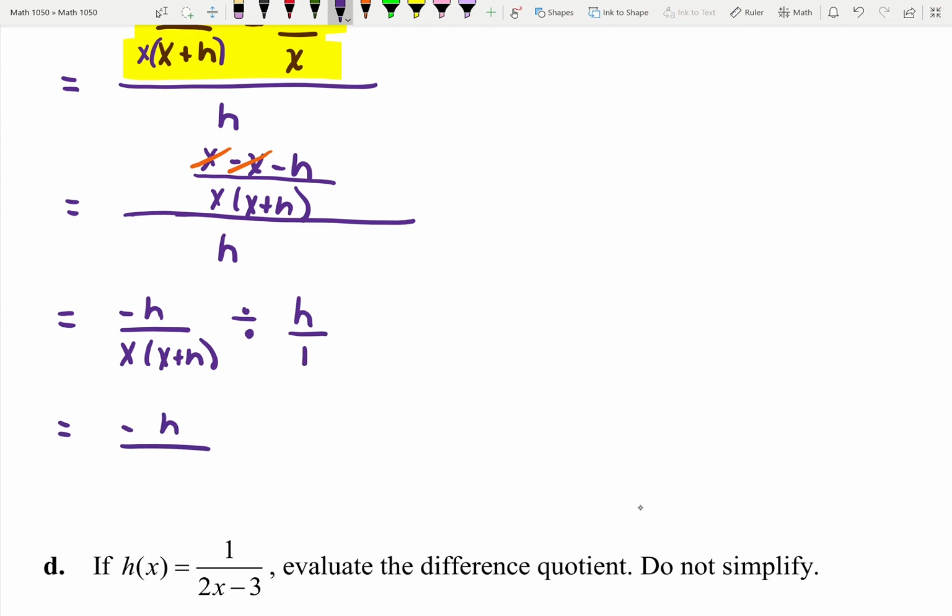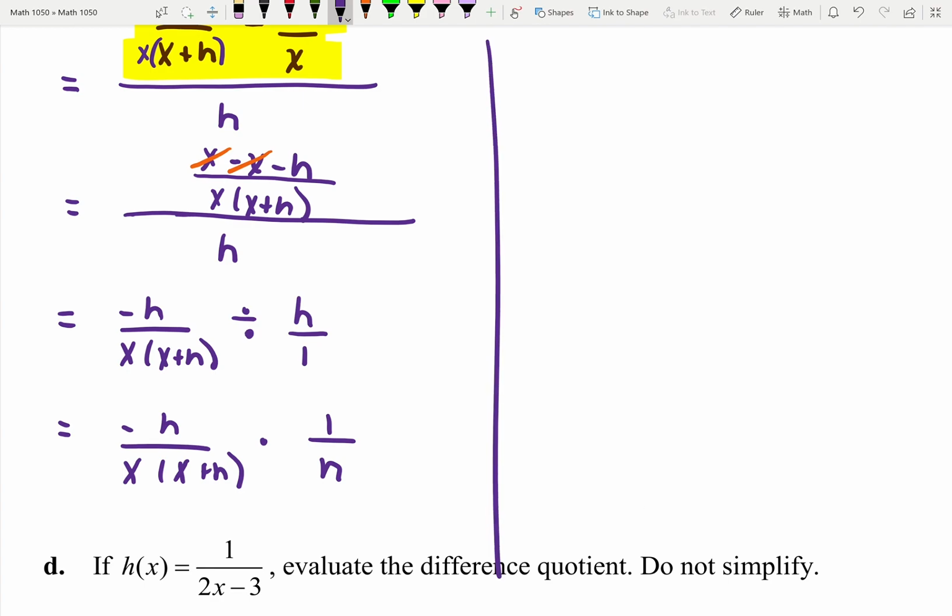Same thing that we did just a little bit ago. So leave the first fraction the way it is. Change it to a multiplication. Flip it upside down. I'm out of room, so I'm going to go like that and start back up at the top. Okay? Now look how sweet. This h is free. When I say free, it's not added or subtracted to anything. And it's on the top. This h is also free. It's not added or subtracted to anything, and it's on the bottom.